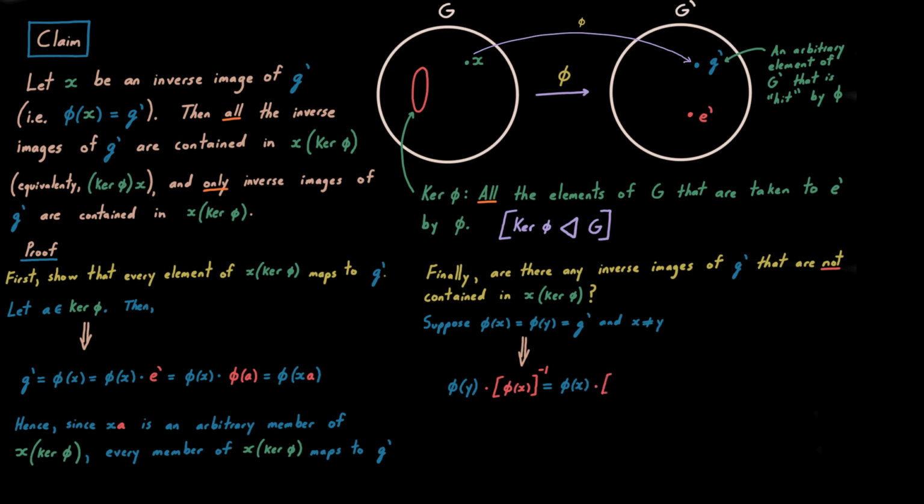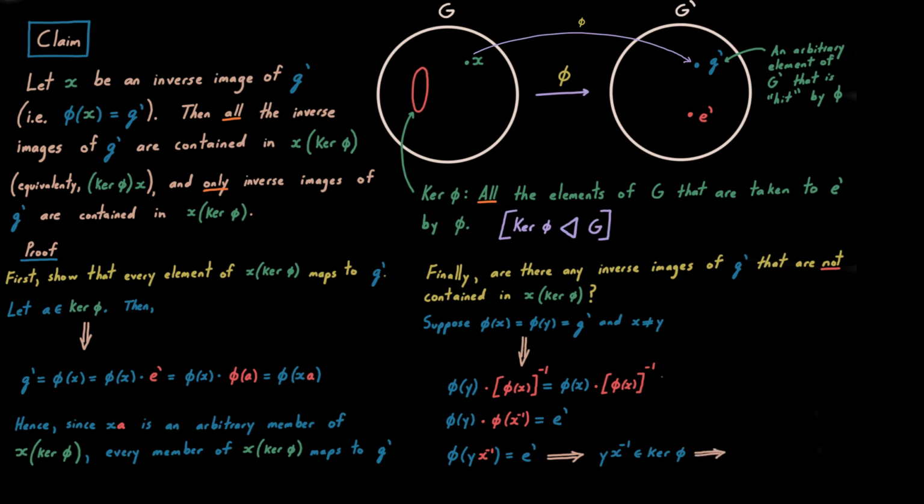Of course, when we do that, the right side is E'. The left side, though, I can rewrite as phi of y times phi of x inverse. I'm allowed to do that by something I proved in the previous video, and by the definition of homomorphism, this implies that y times x inverse has to be a member of the kernel.